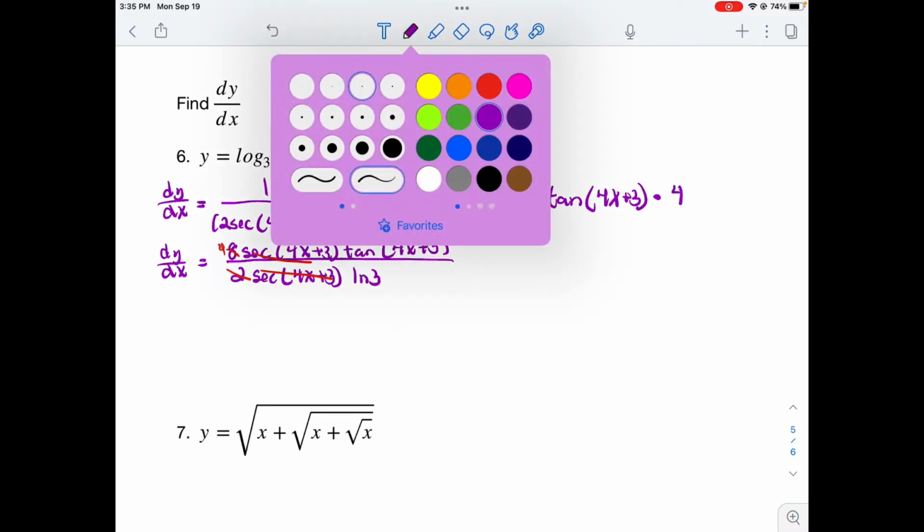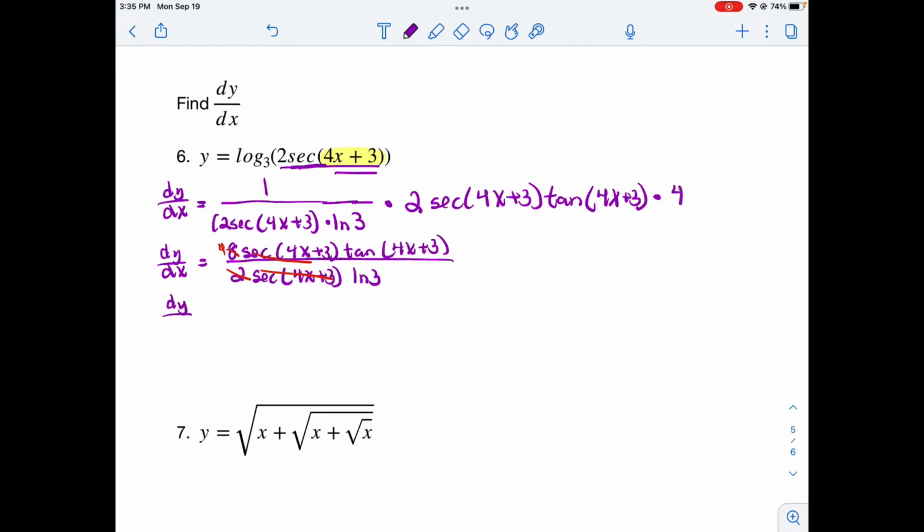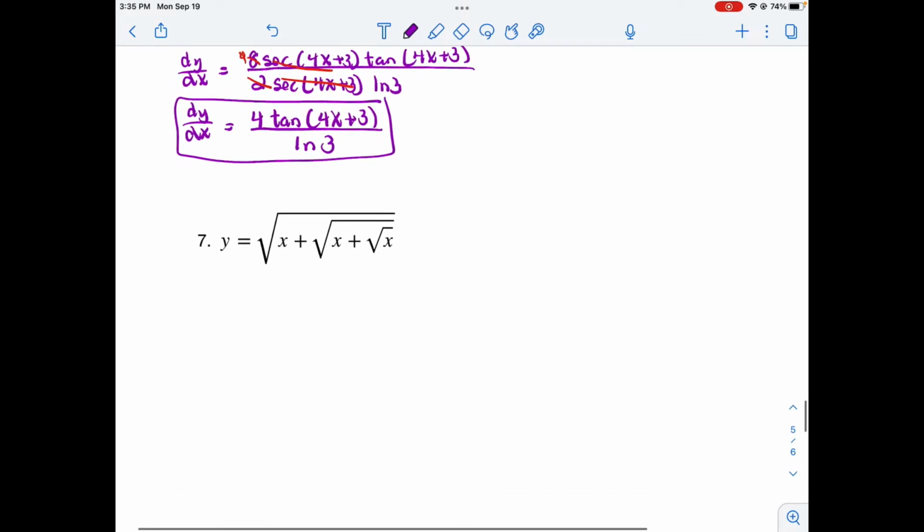And 8 divided by 2 is 4. So I can rewrite this as our derivative is equal to 4 tangent of 4x plus 3 divided by the natural log of 3. And that was 3 links, and we had to do the chain rule multiple times on that one.